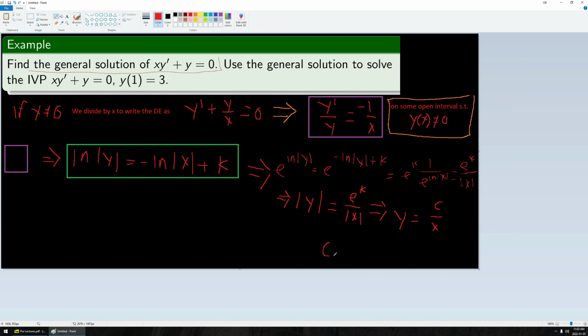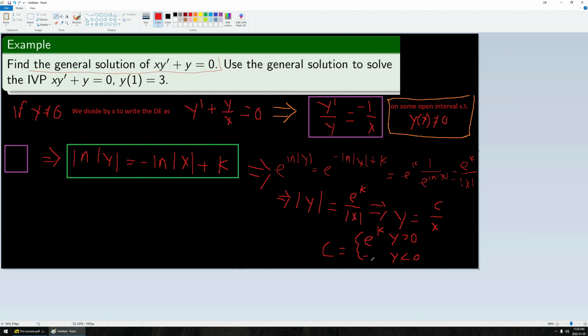Well, c is going to be equal to, if y is greater than 0, then this absolute value of y can be replaced strictly with the y. And pretty clearly, c will simply be e to the k, okay? Because I don't have a negative floating around. On the other hand, if y is less than 0, then this absolute value y simplifies to negative y, and I need to pull the negative through.